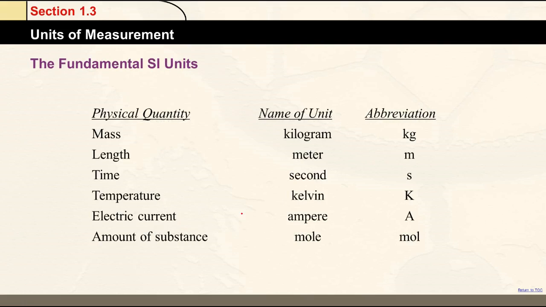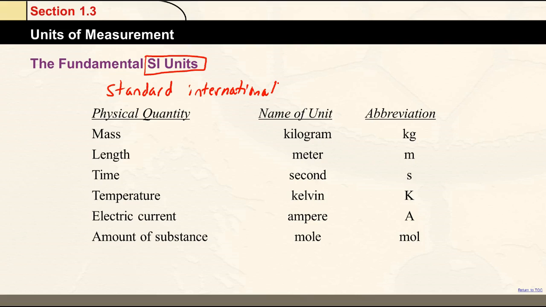Up here at the top, we see that we have something called SI units. And SI units are very important. It stands for Standard International. And what Standard International units do for us is translate all units to be the same.